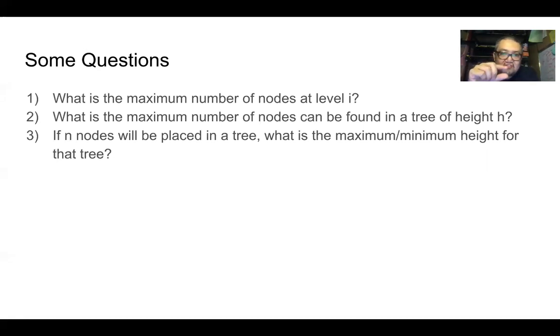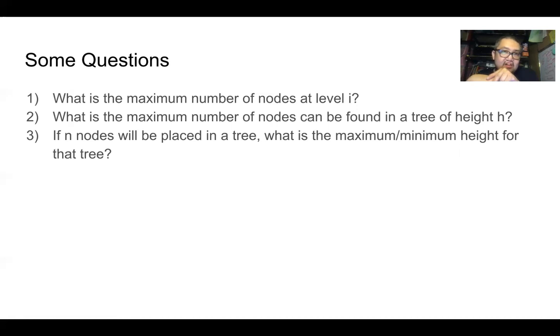At level 0, obviously, we have only one. At level 1, we have only two because the node can have only two children. At level 2, we can have four because the left node can have two other children and the right node can have two other children. So at level i, the maximum number of nodes is 2 to the i.